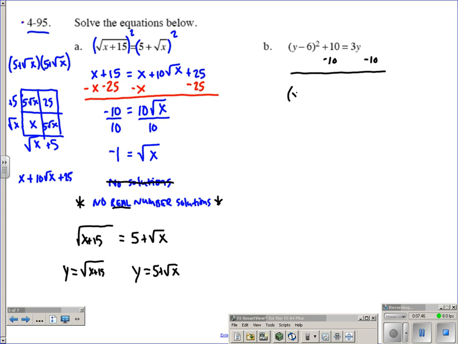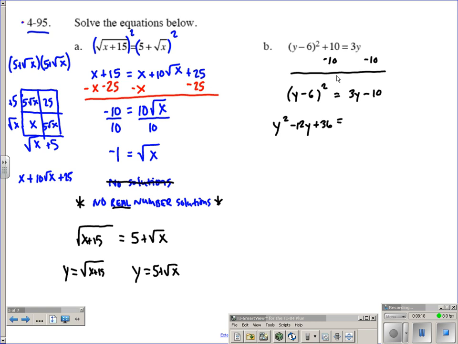We have the quantity of y minus 6 squared equals 3y minus 10. And if I want to take this, I can multiply my binomials together, y minus 6 times y minus 6, or FOIL it. I should end up with y squared minus 12y plus 36.